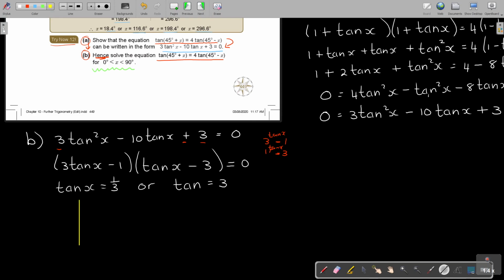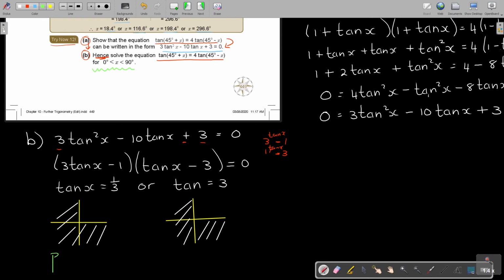They are telling you that it's just between 0 and 90, so it means block out, block out, block out, block out. So it's just in quadrant 1. Okay, and in quadrant 1, it's positive. Do you see?